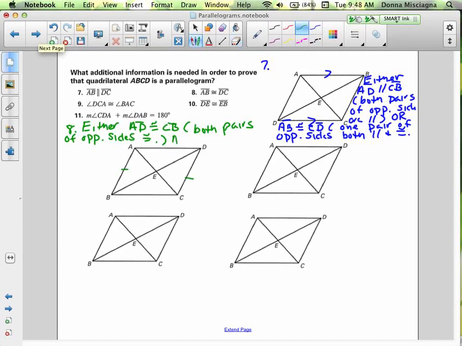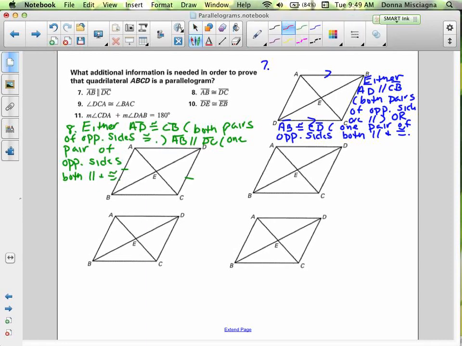AB parallel to DC, and then you'd have one pair of opposite sides both parallel and congruent. All right, so that would be the reason that applies.